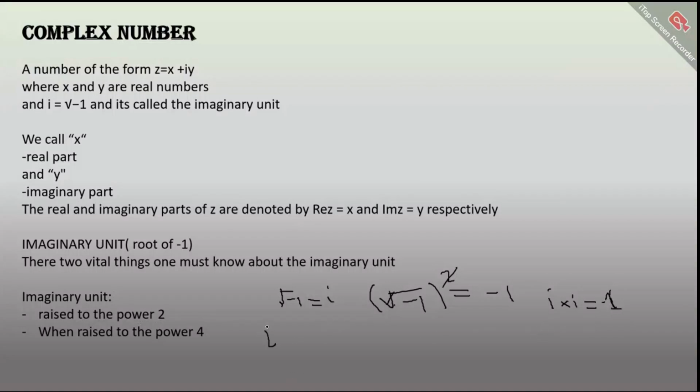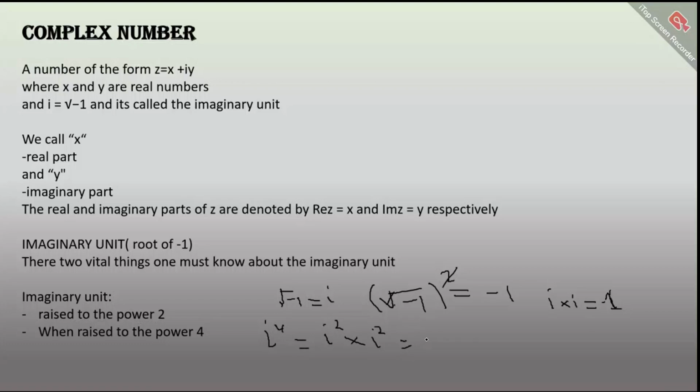Now, what if it's raised to the power 4? This is also important because it allows you to simplify what you've been given. We're saying when it's raised to the power 2, it's equal to -1. So we can write this as i squared times i squared.